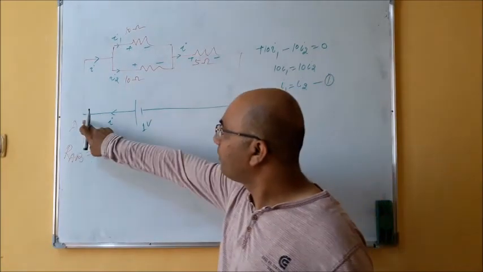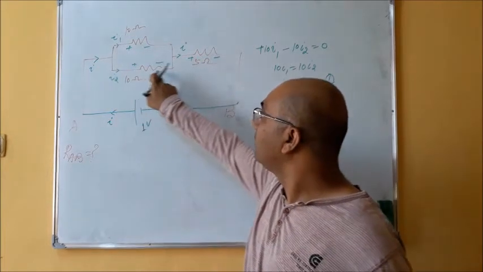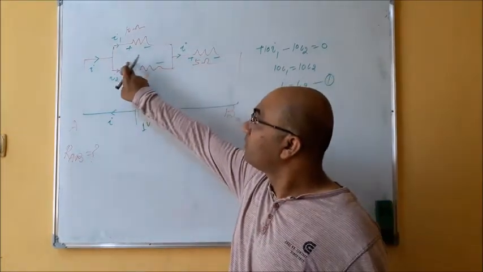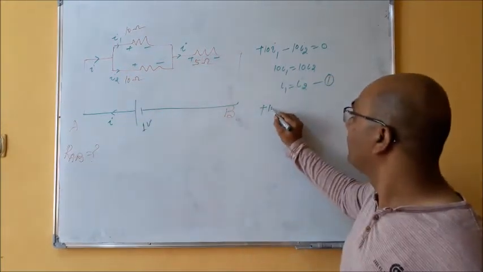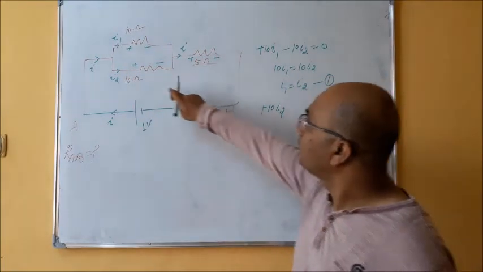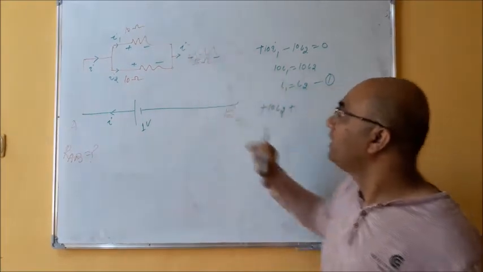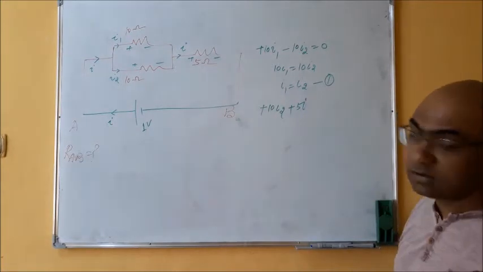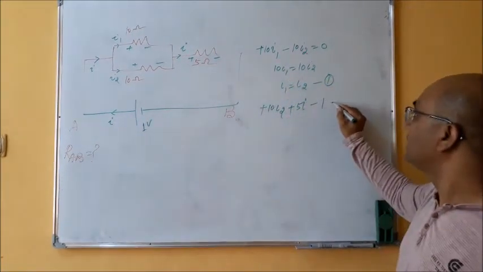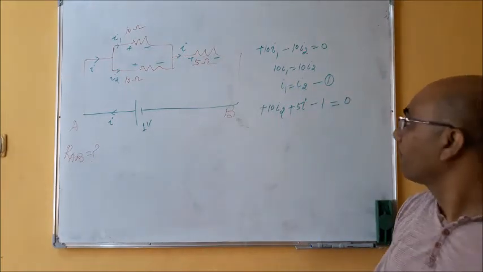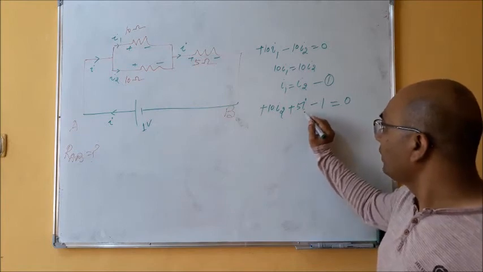Now go in the big loop like this. When I am moving from point A, up to this point nothing. From this point, we are moving from plus to minus, so plus 10I2. Now come here, plus to minus, so plus 5I, the voltage in this resistance. Come here, minus 1 equals 0. So 10I2 plus 5I equals 1, and what is I?